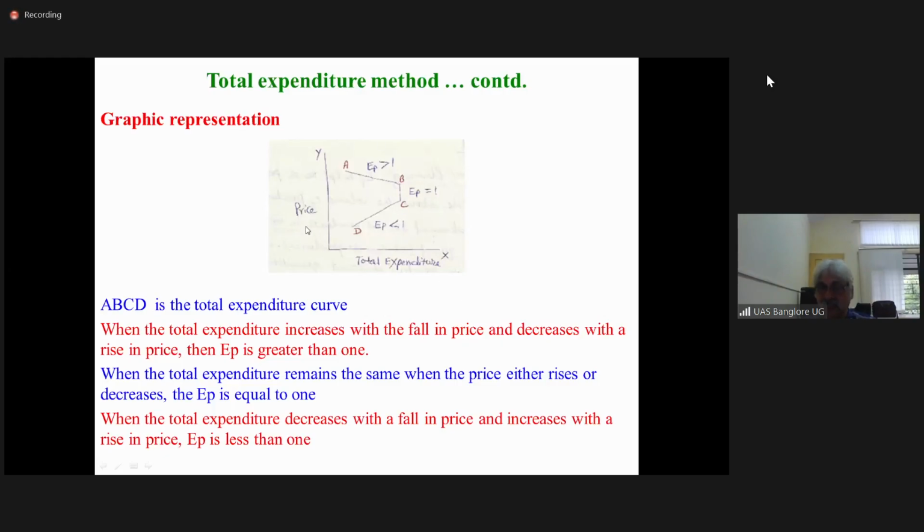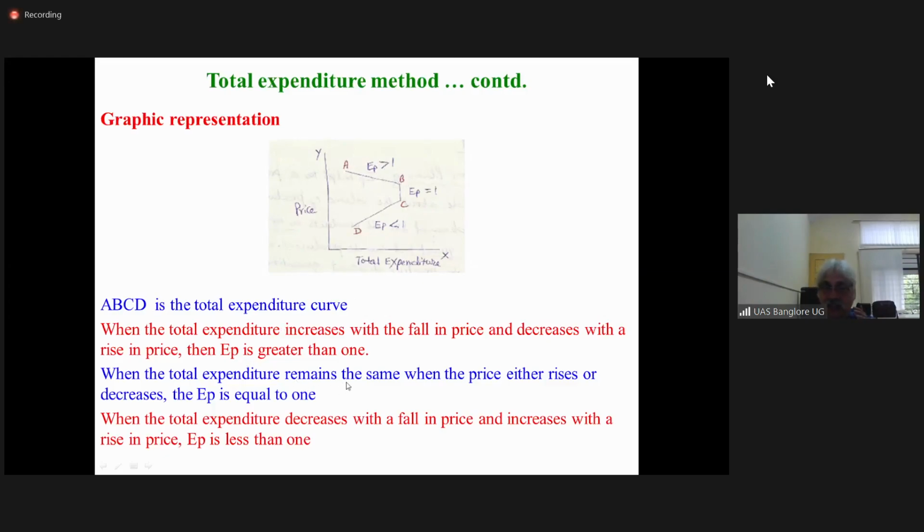When the total expenditure increases with the fall in price and decreases with the rise in price, then EP is greater than 1. So this portion of the total expenditure curve represents greater than 1 elasticity.